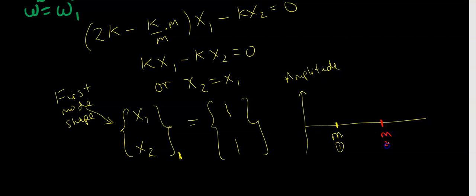I'm just going to call that 2, so that you know it's the yellow mass and the red mass that I've plotted here on the x-axis.